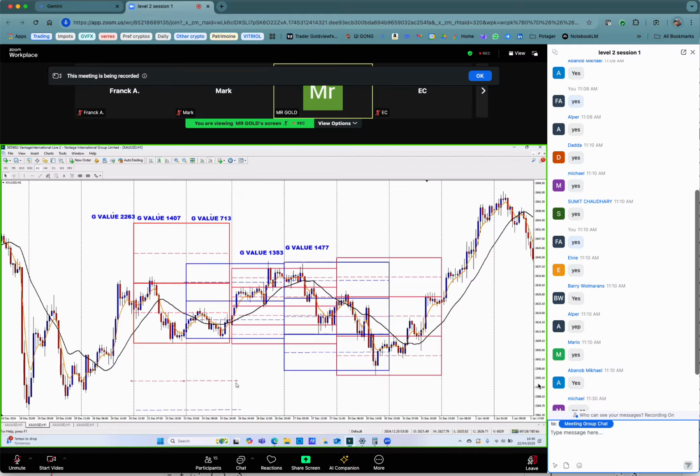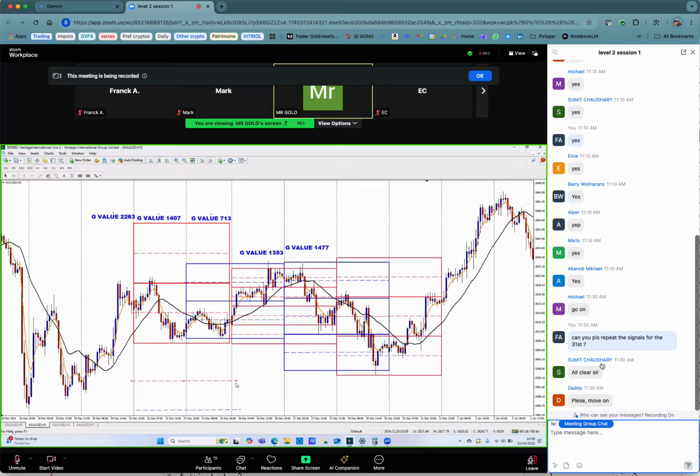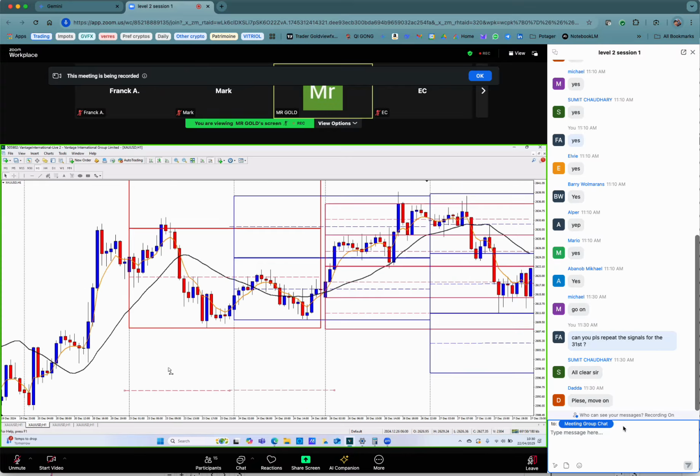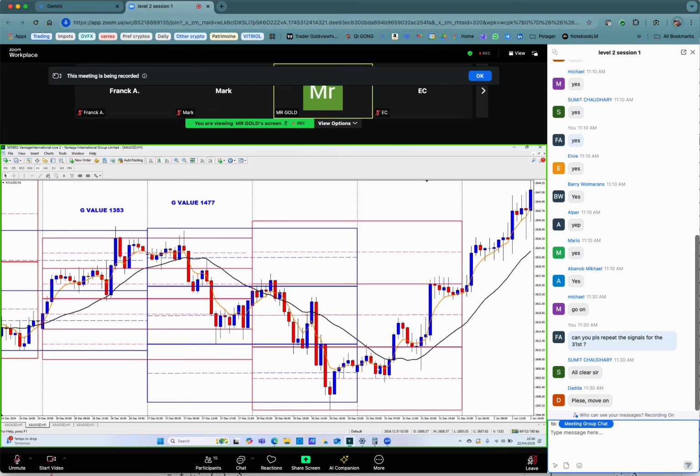Can you please repeat the signals for the 31st? 31st is this one here. Bear with me. So the market opens immediately above the half line, leaving a gap to the next line. Enter here, goes and hits TP.